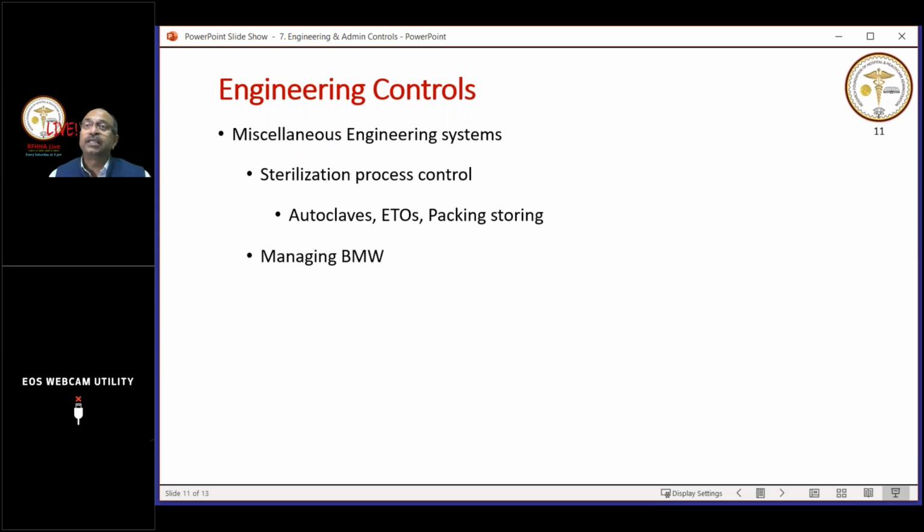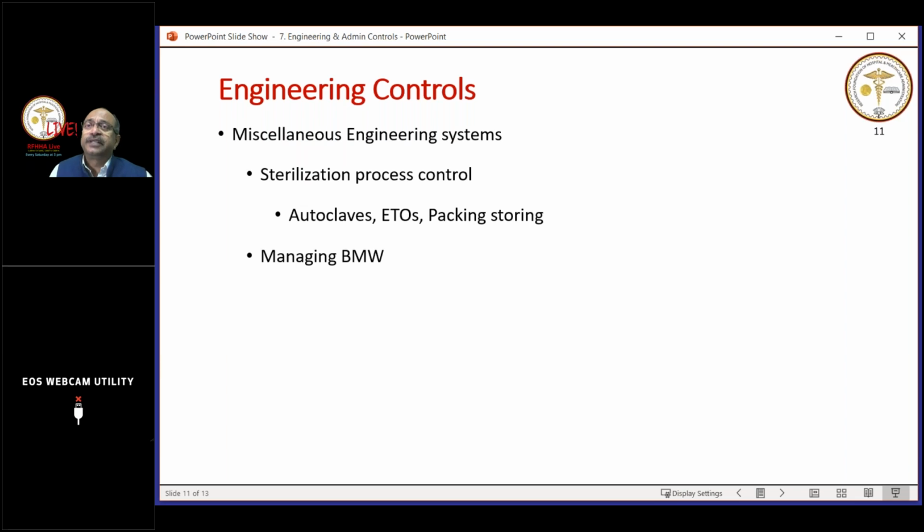Packing and storing is also another variety of engineering controls, where we pack the material in such a manner that it does not get contaminated after it has been sterilized, or we store it in such a manner that the post-sterilization storage is safe.